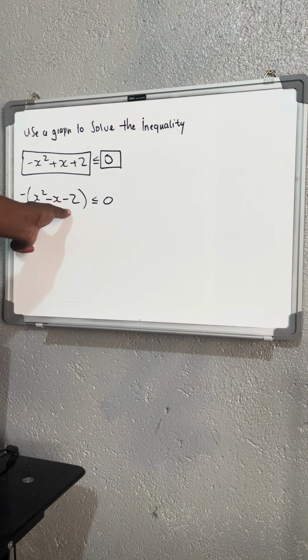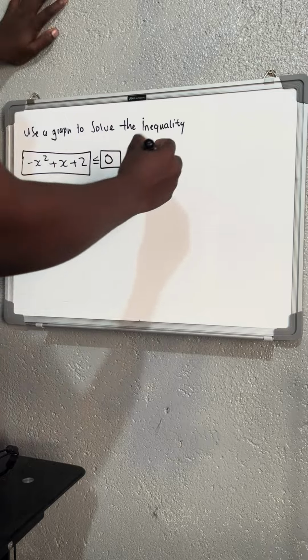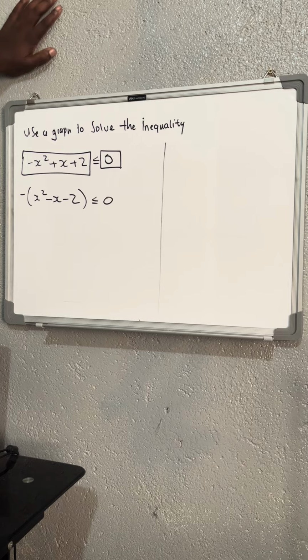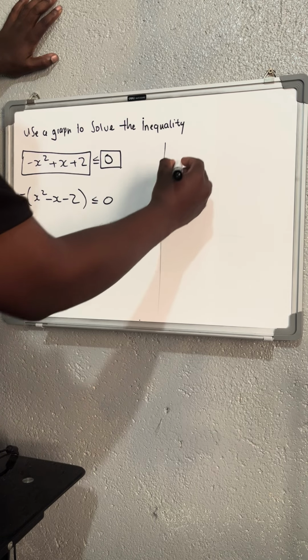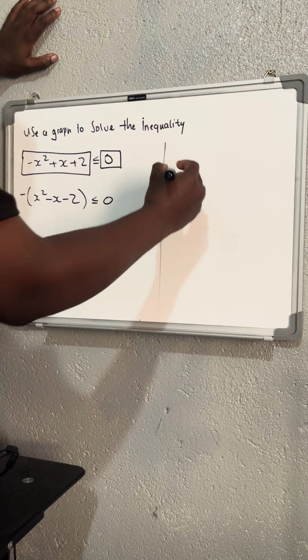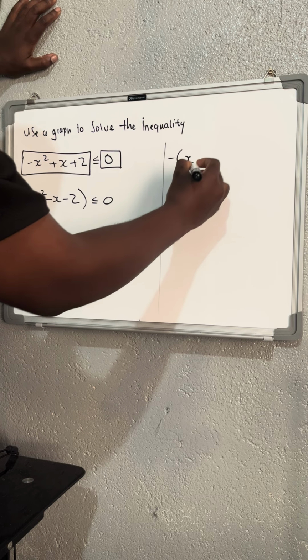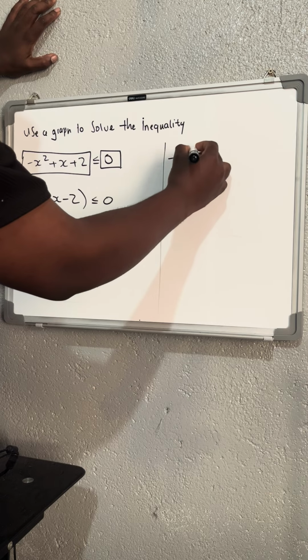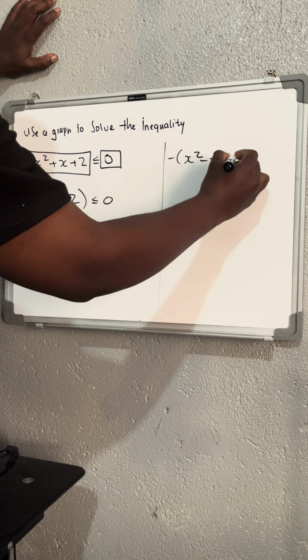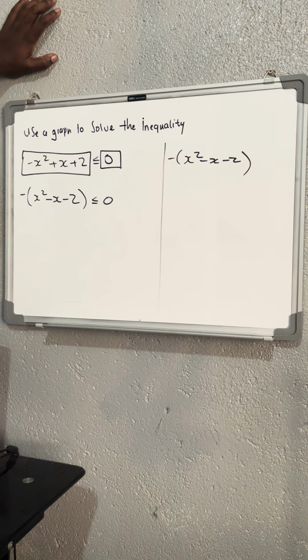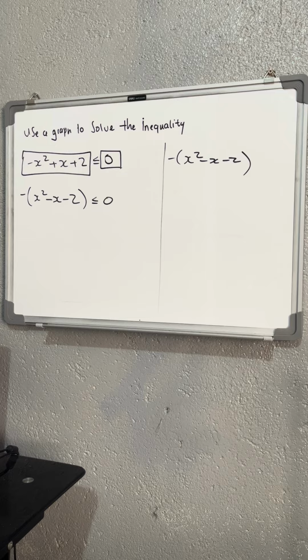So now we can continue with this part and say, okay, we have to find out the factors for this one. So let's just write it here that we have minus into x squared minus x minus 2. So we're trying to look out for the factors for that one.